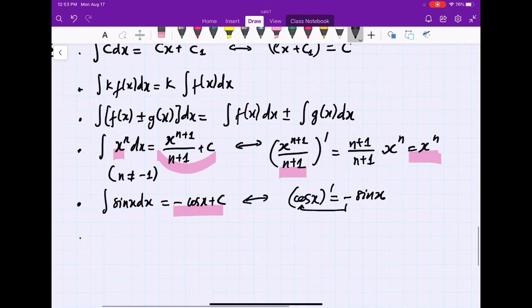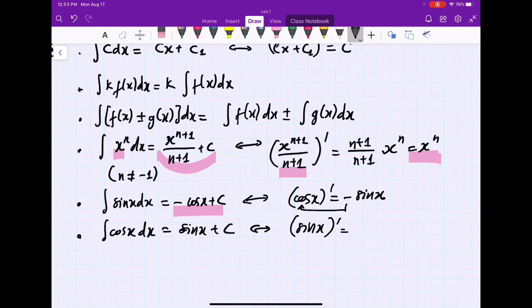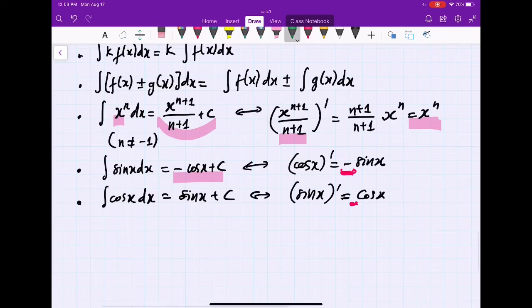How about the antiderivative of cosine? That is just sine of x plus c, without the negative, because the derivative of sine is cosine. You see that? That is the big difference between the antiderivative of sine and cosine. Right here there is a negative, and here just plus. So you may think about tangent. What is the antiderivative of tangent?